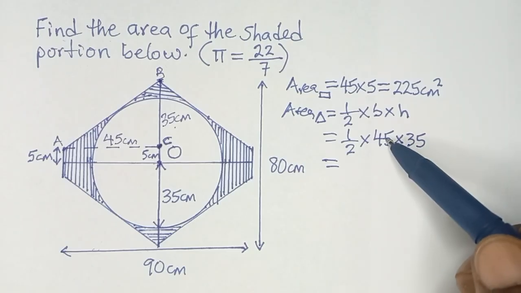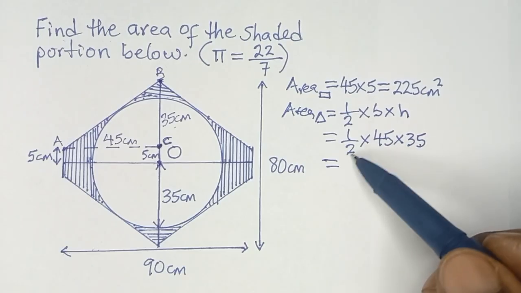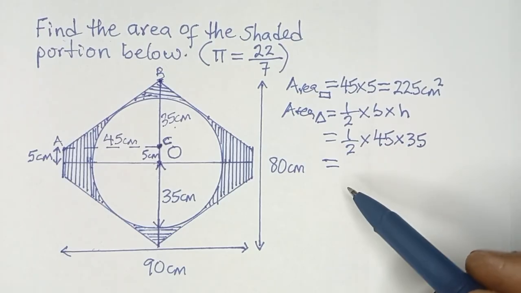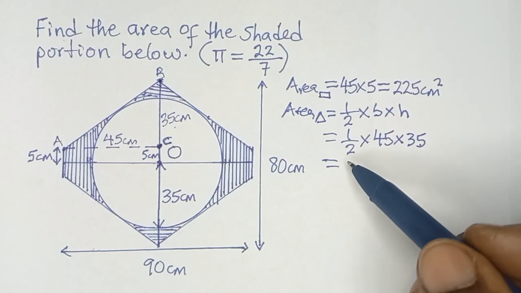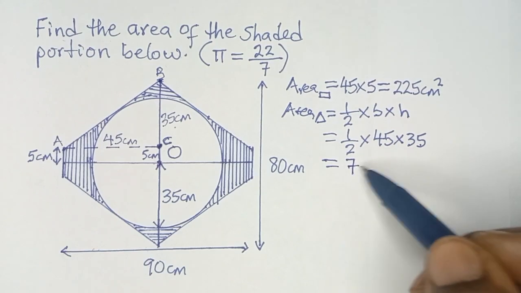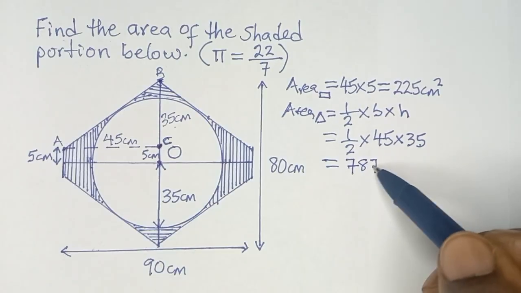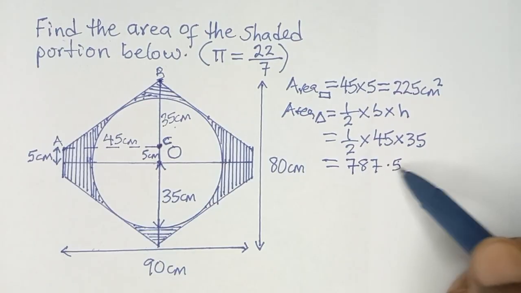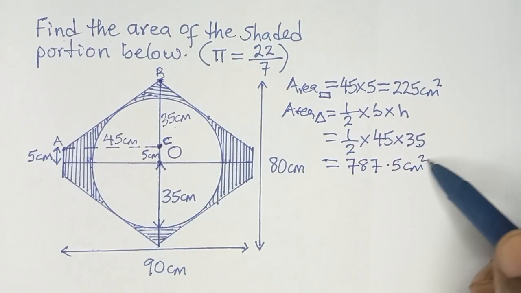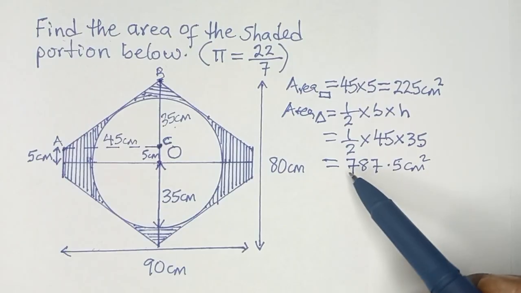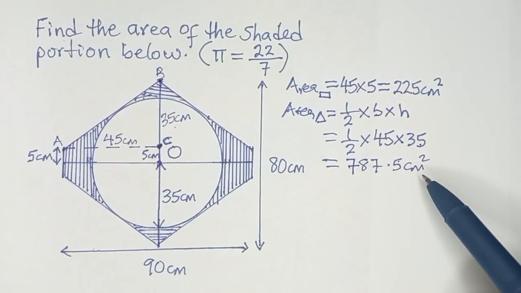By the time we multiply 45 by 35 and divide by 2, it's going to give us the area of the triangle as 787.5 centimeters square. So that's the area of the triangle.